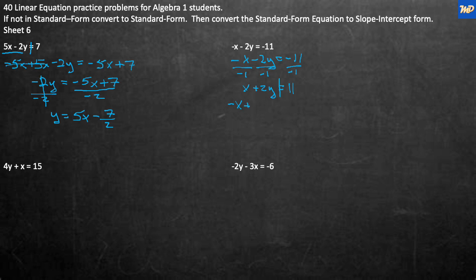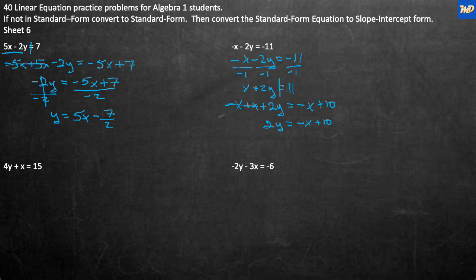So we have plus x and plus 2y, and that equals, the negative x is going to go in first because slope-intercept form wants the x first, and then it's plus 11. So now the x's will cancel. We have a positive 2y, so we have 2y is equal to negative x plus 10.